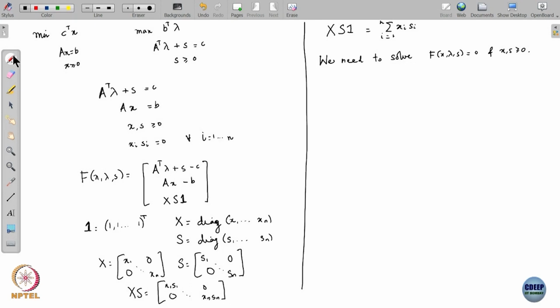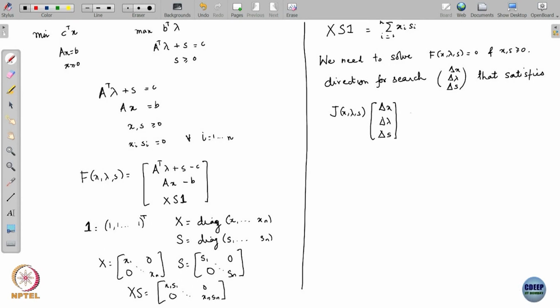So, we can look for a direction for search, delta x, delta lambda, delta s, that satisfies this. Now, what have I written here?